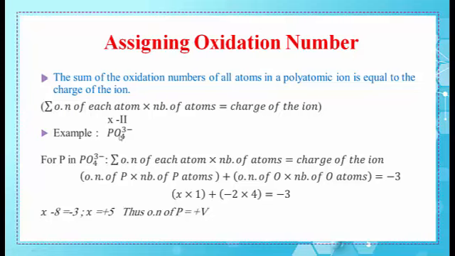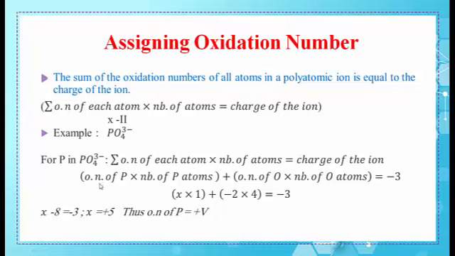Let's take an example here, PO4 3-. The oxidation number of oxygen is -2, while the oxidation number of P, we don't know anything about it, so we denote it by X. Then we say that the sum of the oxidation numbers of each atom times the number of atoms is equal to the charge of the ion.